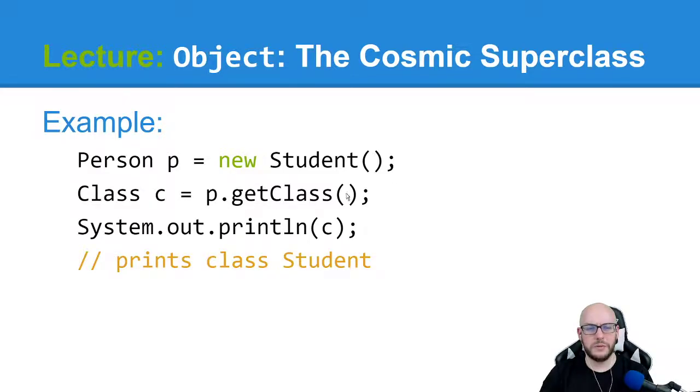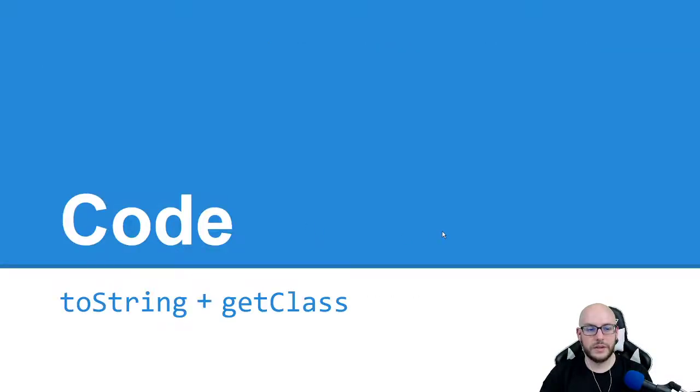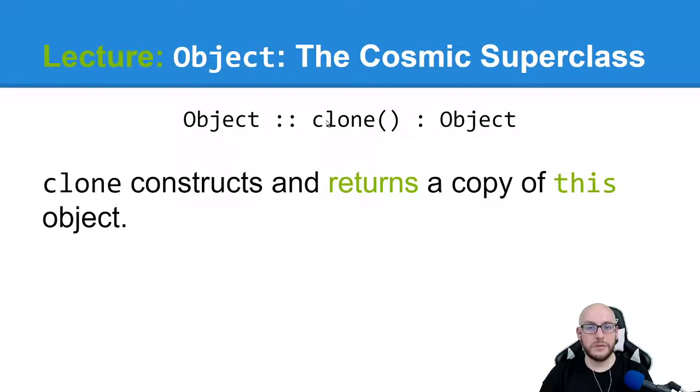If you don't do the getName portion, this would literally, in this case, print class Student. Right? The word class is in there, and that is why I was using getName. So that's an example of that, and we're going to pick up there.